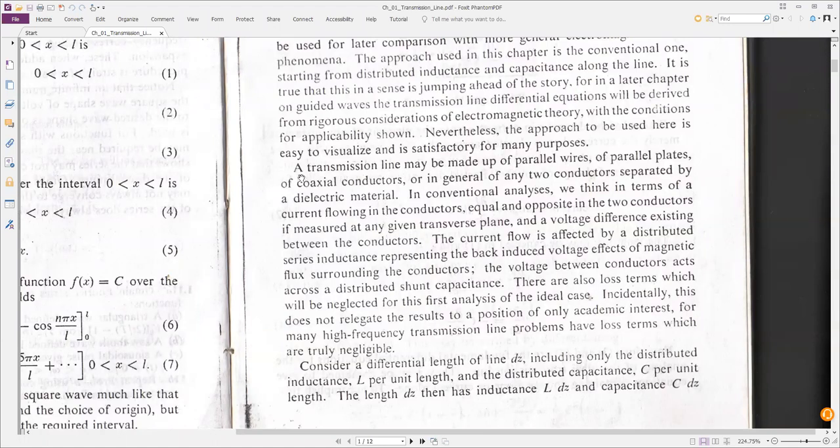A transmission line may be made of parallel wires, parallel plates, or coaxial conductors, or in general of any two conductors separated by a dielectric material. That is the definition of the transmission line.